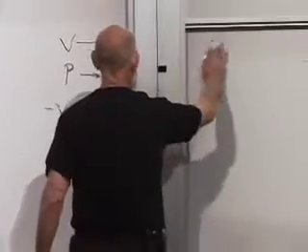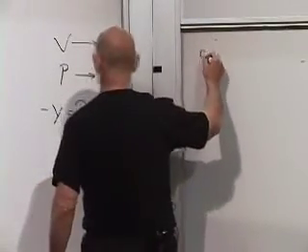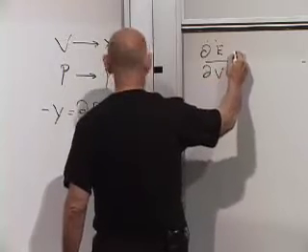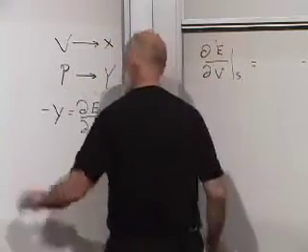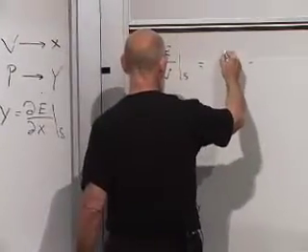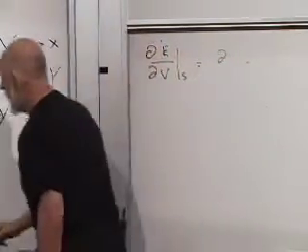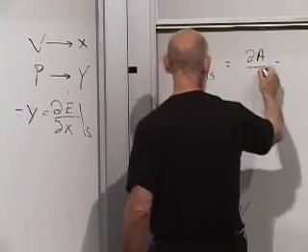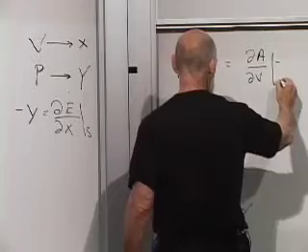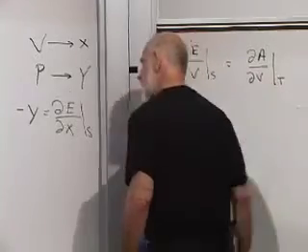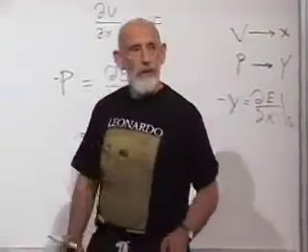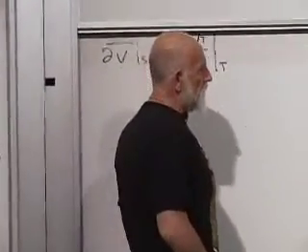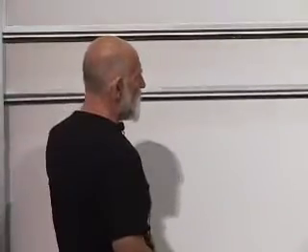It says that the derivative of energy with respect to volume at fixed entropy is the same as the derivative of the free energy with respect to the volume at fixed temperature. In order to prove this, we need a little bit of a theorem. It's a small theorem. It's a calculus theorem. It's practically not a theorem. It's just a simple identity.